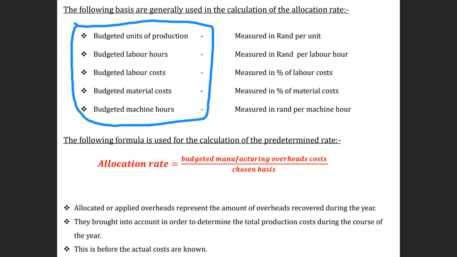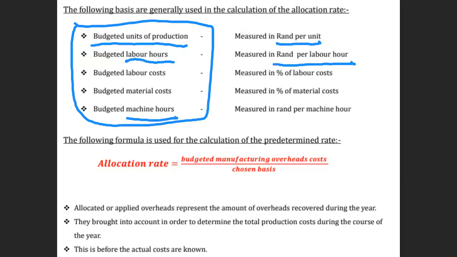So remember I said to you, it's very important that you note the unit of measurement. If it's based on unit of production, it's stated as a rand per unit. If it's based on labor hours, it's rand per labor hour. If it's based on machine hours, it's rand per machine hour.